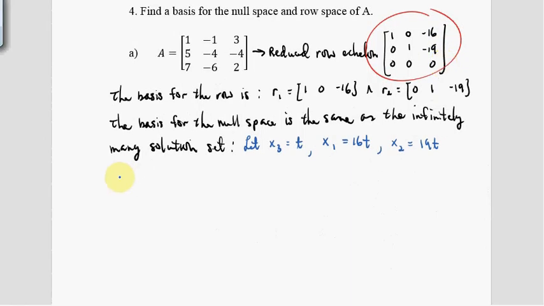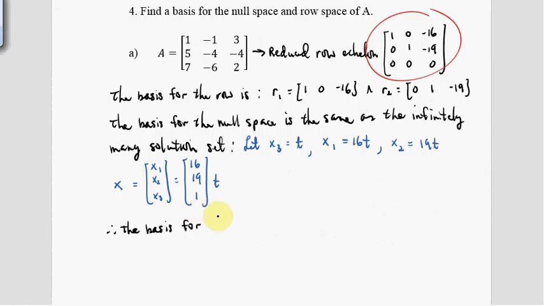So if that be the case, then the basis for the null space is equal to x sub 1, x sub 2, and x sub 3. Here, x sub 1 is 16, x sub 2 is 19, x sub 3 is 1, that's all times t. So here, the basis for the null space, why is it called null space?